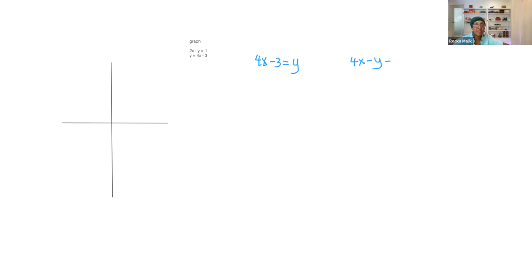And then when the minus 3 goes to the right side, it becomes positive. This equation I'm gonna leave just like it is because it's already in standard form with the x, the y, and then just a number.